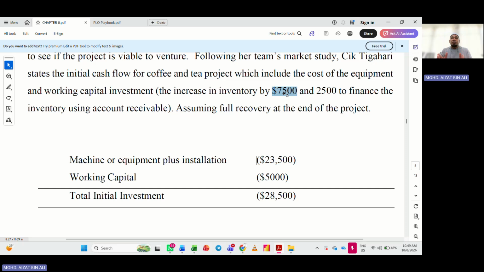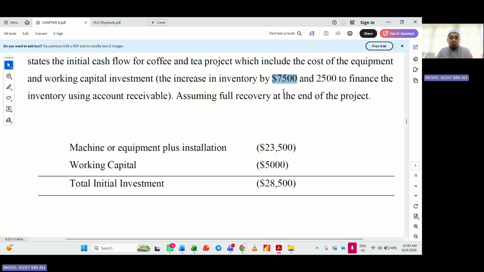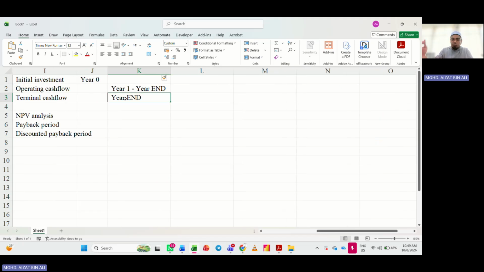And for the sake of this cash flow analysis, we would expect that we will recover everything. So in year one, if we spend 7,500 ringgit for the inventory, in the terminal cash flow, at year end, we would recover all 7,500 ringgit.